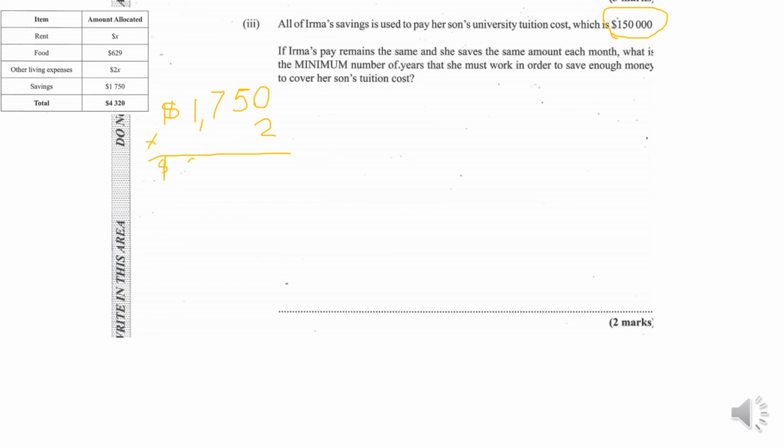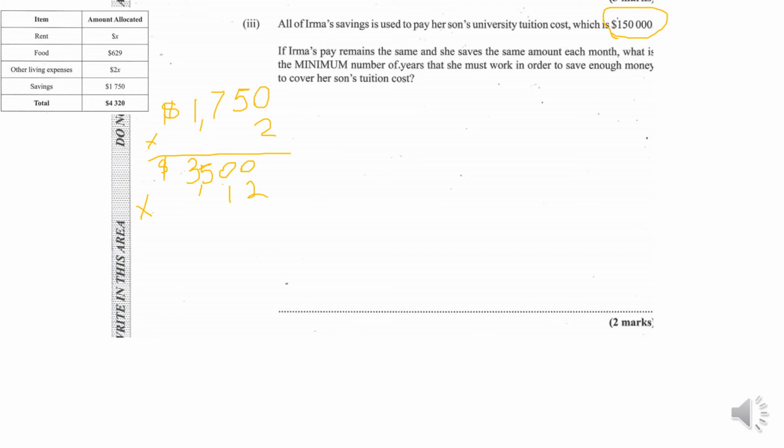So in 1 month, now this is a word problem, so we have to reason. In 1 month she is going to save $3,500. If she saves $3,500 every month, how much would she save in 1 year? Let's multiply 3,500 by 12.